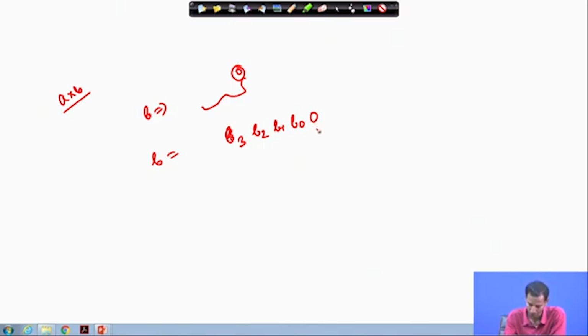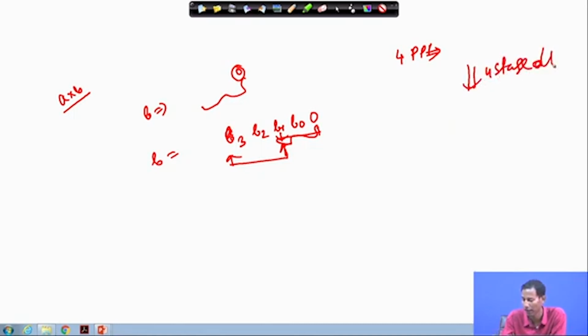Then at the very first I consider these 3 bits, and there will be one overlap. Initially I am having 4 partial product sets, which means I need 4 stages of addition operation.